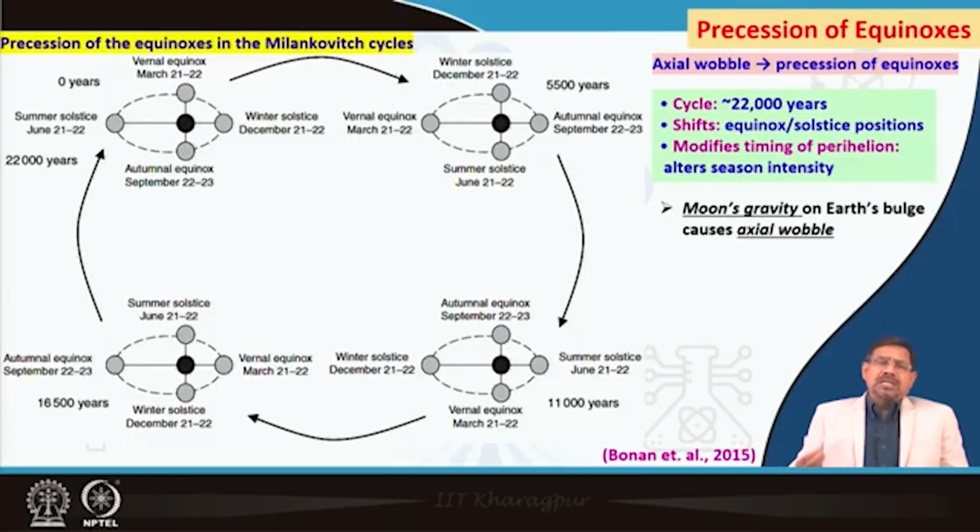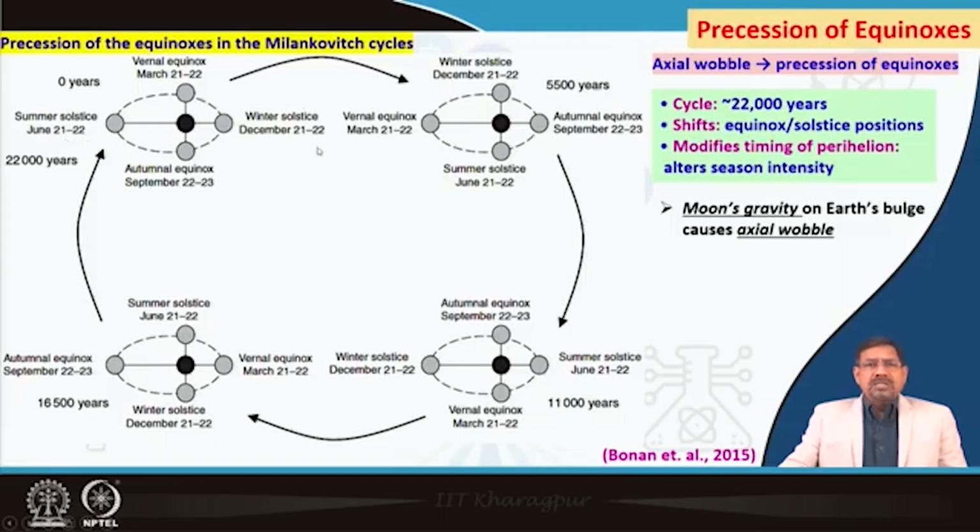So friends, it is not fixed, it also takes a cycle of 22,000 years. If we see here the position of Earth around the orbit, it is very clear with respect to the dates: March 21, 22, the winter solstice December 21, 22, autumn 22, 23, and the summer solstice June 21 to 22.